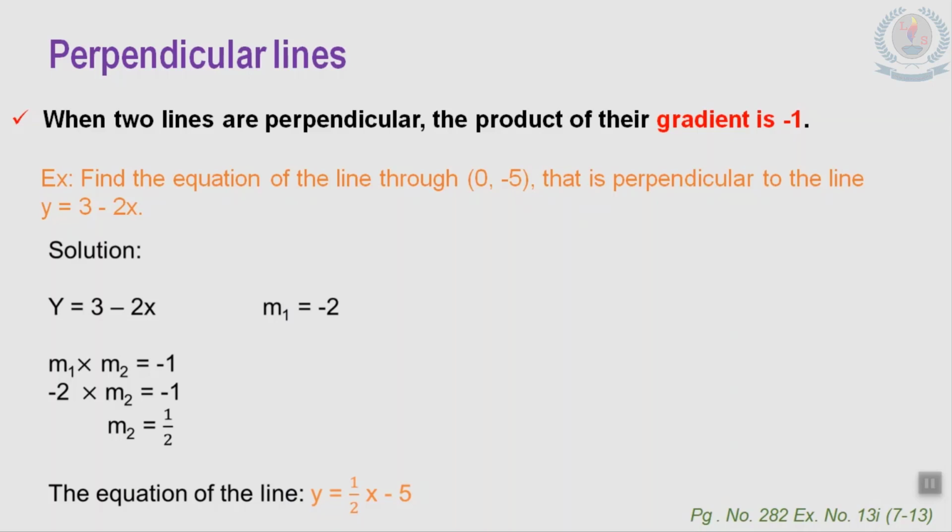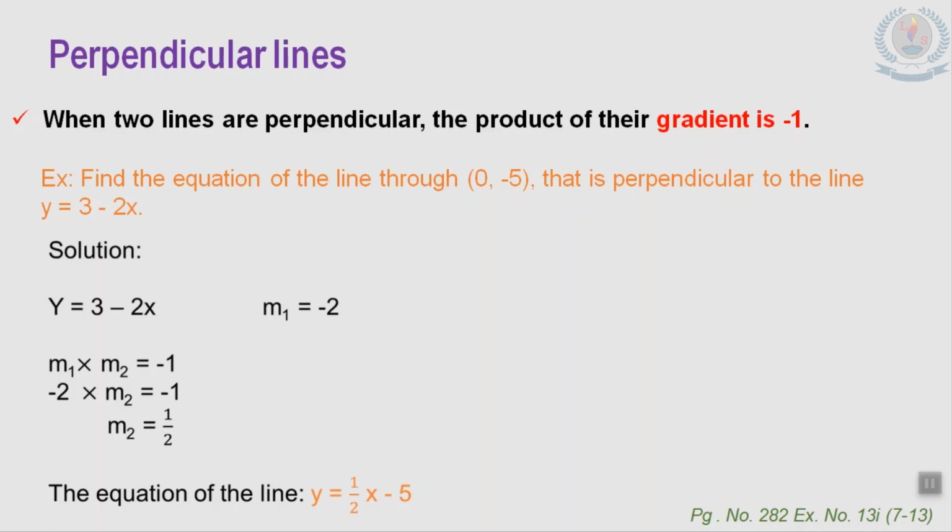When two lines are perpendicular, the product of their gradients is minus 1, so m1 times m2 equals minus 1.